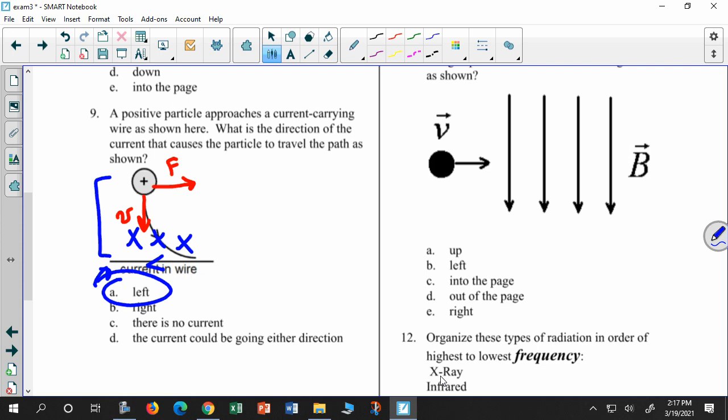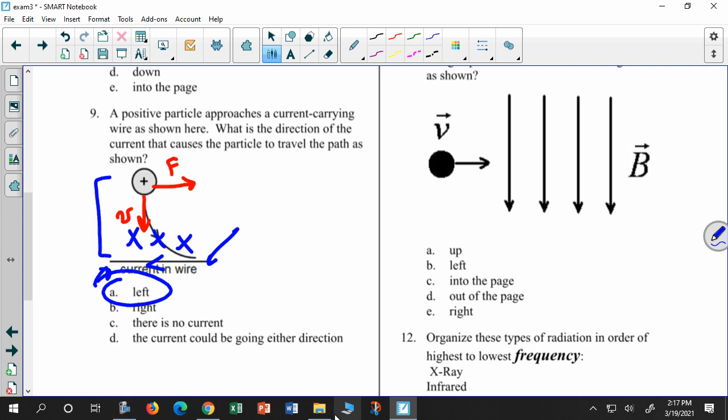Okay. Sometimes students just get confused, like they don't realize this represents the wire. So if you see a question like this, make sure you realize that's the wire. And then also there's two steps to this. That first I have to figure out the magnetic field, and then I have to figure out the current.